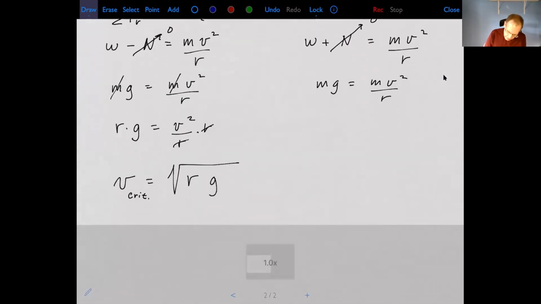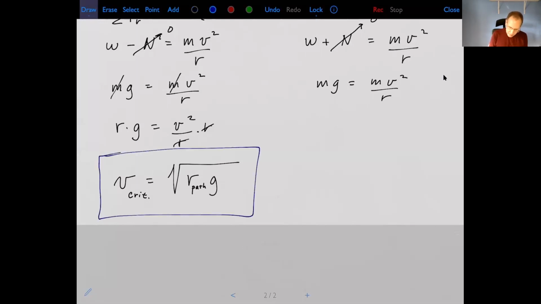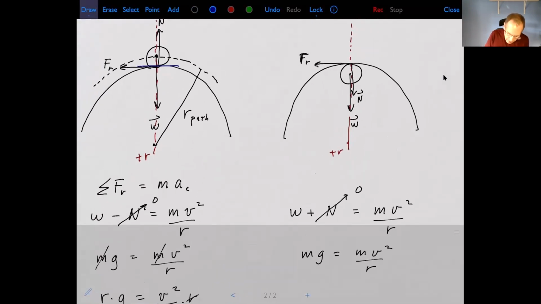So the r here, I'm going to call r path. Okay, so that's the theoretical equation for the critical speed. It's simply going to be the square root of the radius, again, which means the radius of the path of the center of mass of the ball, times g. In this case, by the way, this would be the path, since it's rolling underneath.